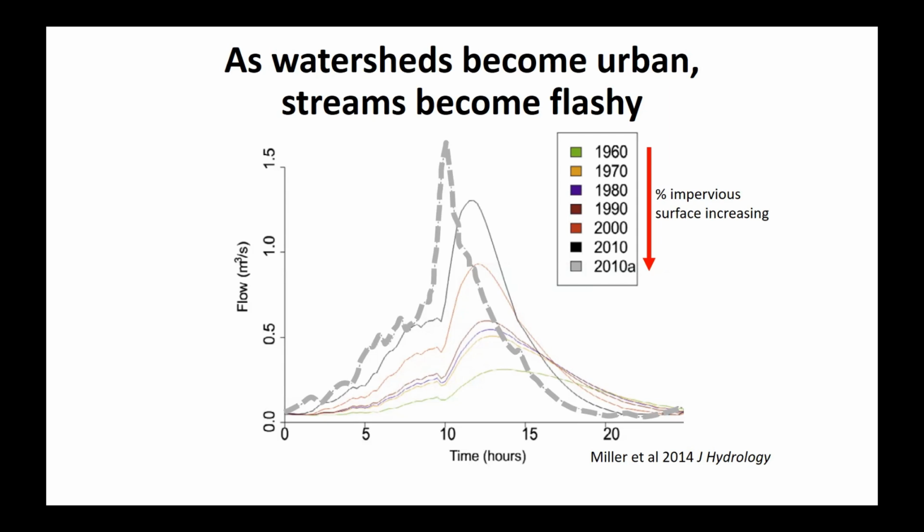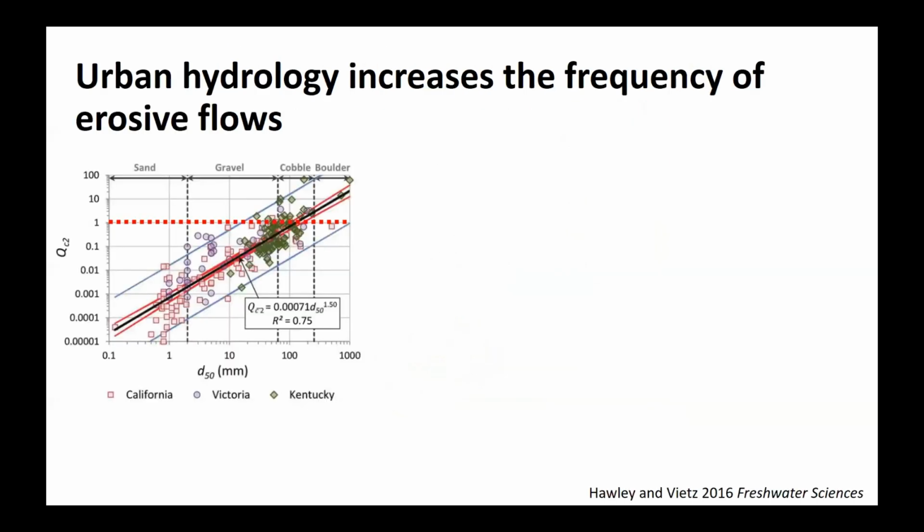These changes in hydrology then influence the frequency of erosive flows. This is a complicated figure that I'll try and walk through a little bit of the details, but this red dotted line is the 2-year storm event. Basically what we expect is as sediment size changes, so D50 is basically the particle diameter, so from sand to gravel to cobble to boulder, as our particles get bigger, it requires greater flows to actually move those particles.